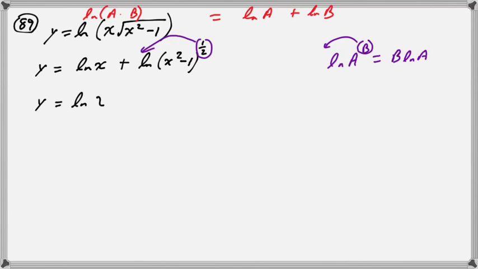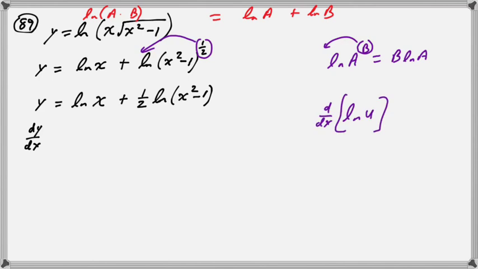So still, before I differentiate, all I'm doing is rewriting it to make my job of differentiating it a little bit easier. Okay, I still have not taken the derivative. All I've done is rewrite it. Now I'm going to take the derivative. Now, do you agree that the derivative of natural log of u is 1 over u times u prime?